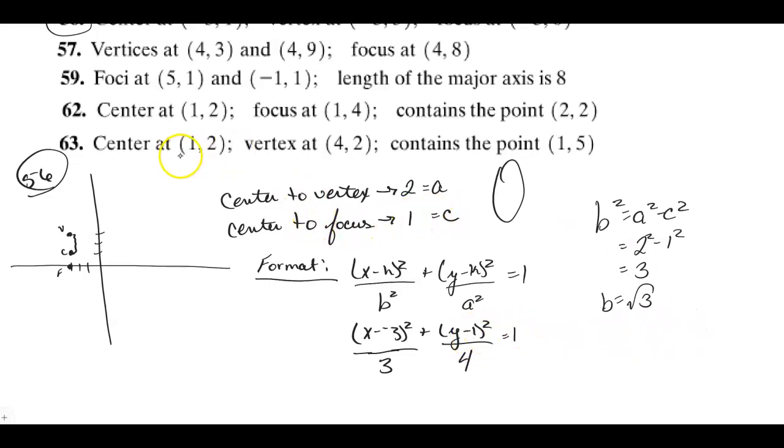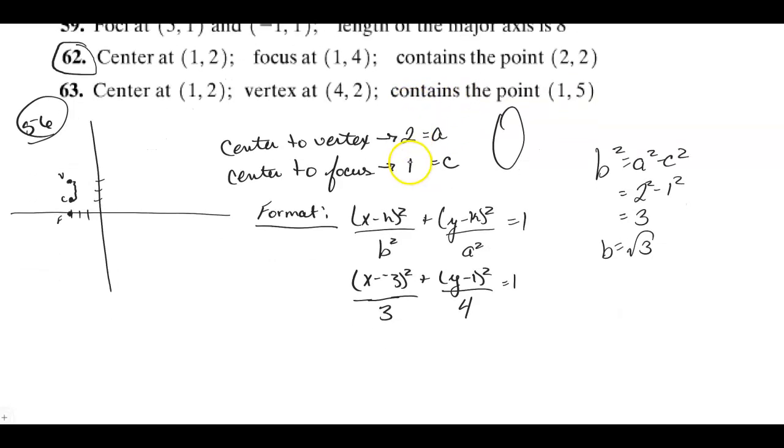All right, let's look at one more. Let's look at number 62. So we have a center at 1, 2, focus is at 1, 4, and it's going to contain the point 2, 2.